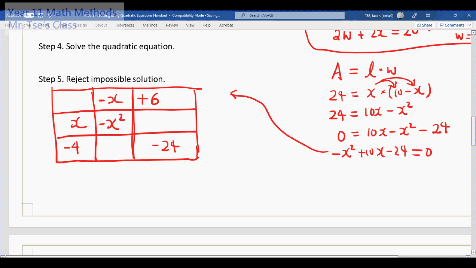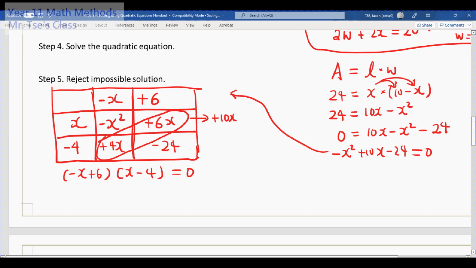And plus 6 times x is plus 6x. And minus 4 times minus x is plus 4x. So these two, when you add them together, equal plus 10x. So this time it is correct. So you have minus x plus 6, and you have x minus 4.